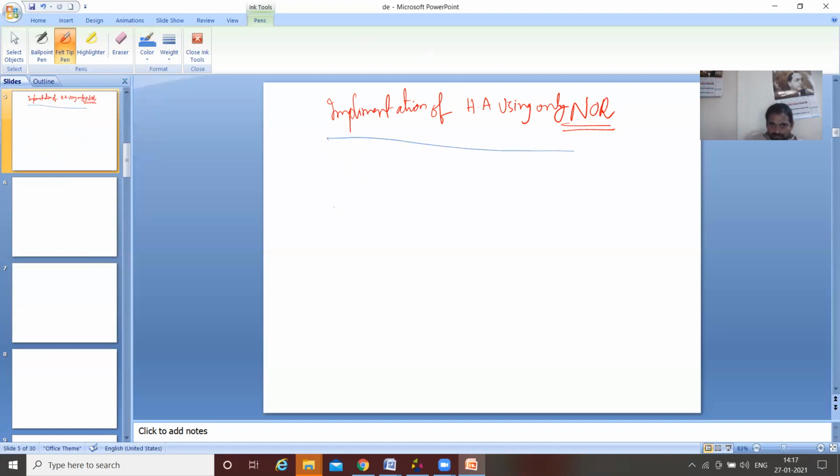Here, I'll draw the circuit first. This is a NOR gate.